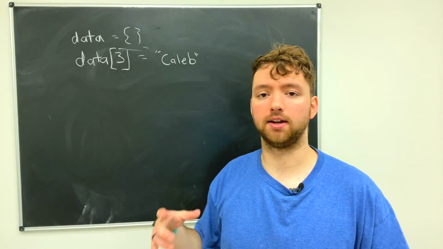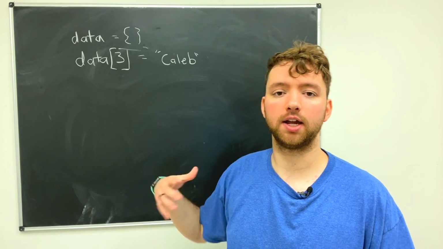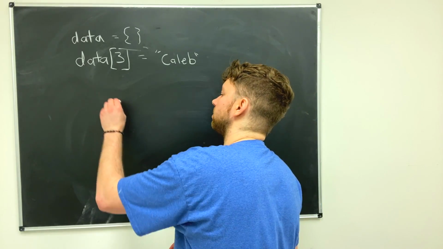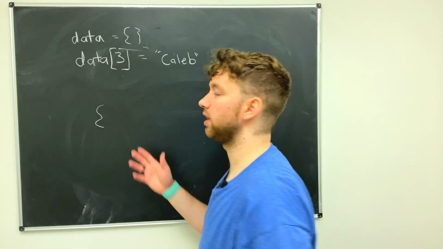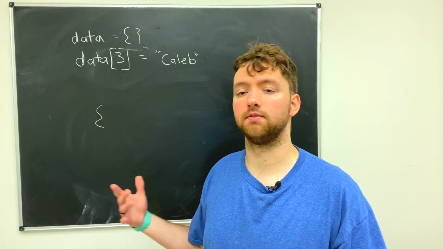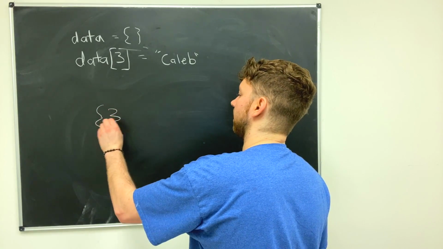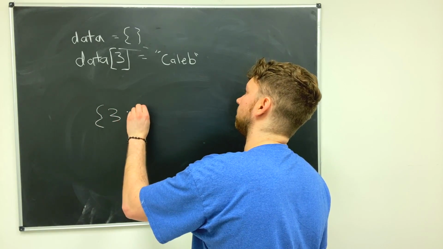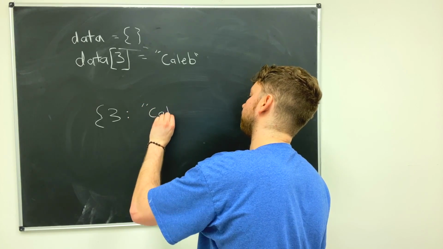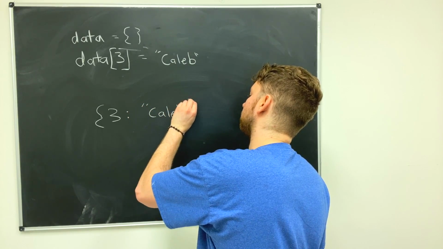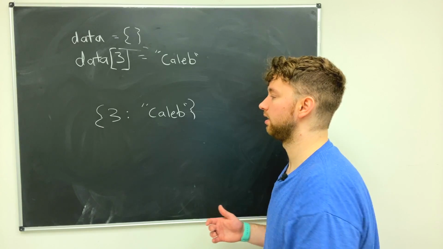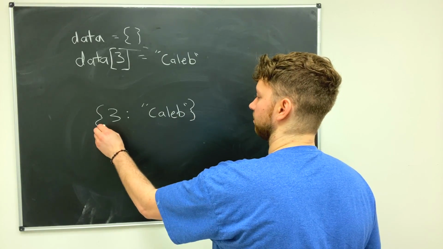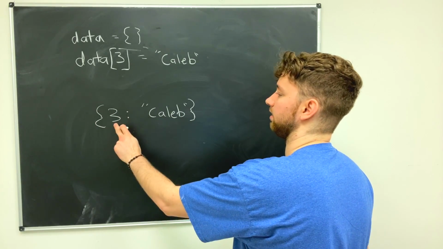So if you went ahead and analyzed data to see what it looked like, or if you just printed it out, it's going to look like this. Curly braces to indicate the start of a hash table. And then we're going to have the key and then the value. Something like that. And I'm terrible at drawing these curly braces, but those are curly braces, and that's a 3.